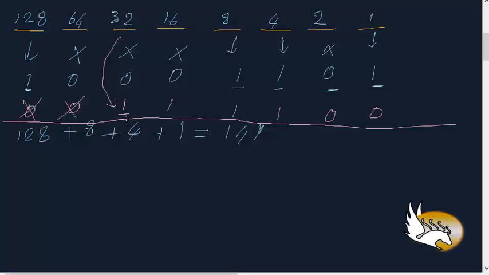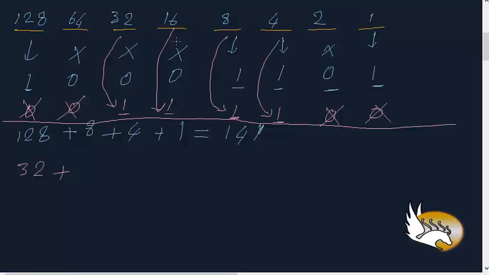We have a 32 here. This one is 1. So this is going to receive the value again. This is 16. This is 1, so this is going to receive the value. The same happens here, but these are 0, so they are not going to receive any value. Okay, let me write the values that I receive. I have 32 here.